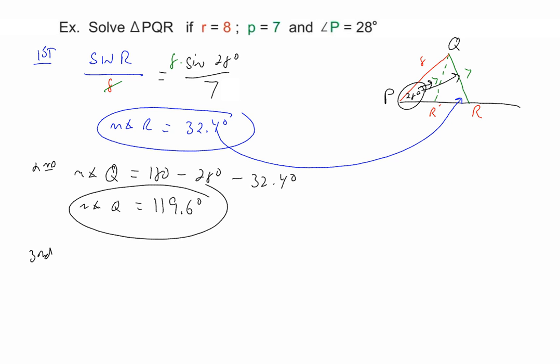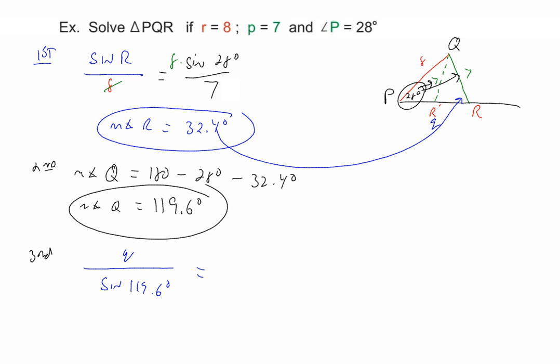Third, we got to find side Q. Go back to blue here. Side Q is over here, right? It's this side right here. Side Q over the sine of angle Q. So that's a sine of 119.6, right? What we just found.